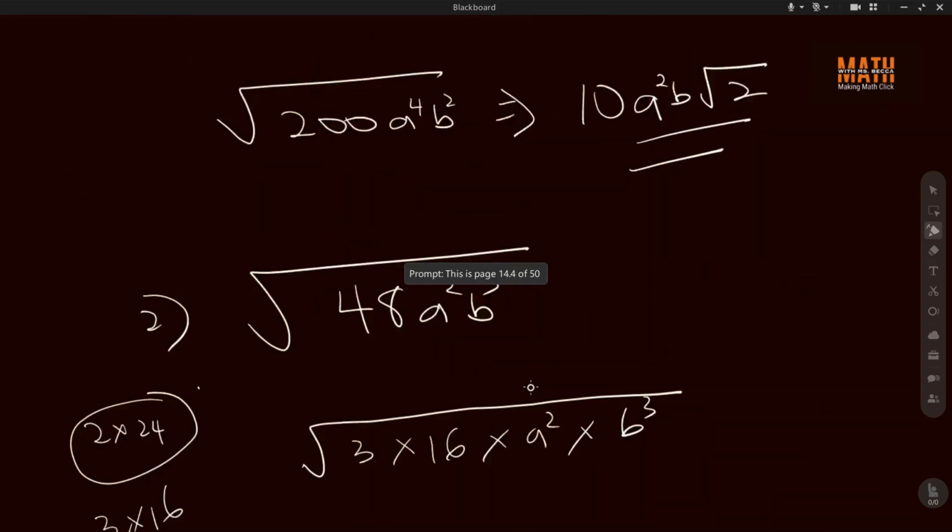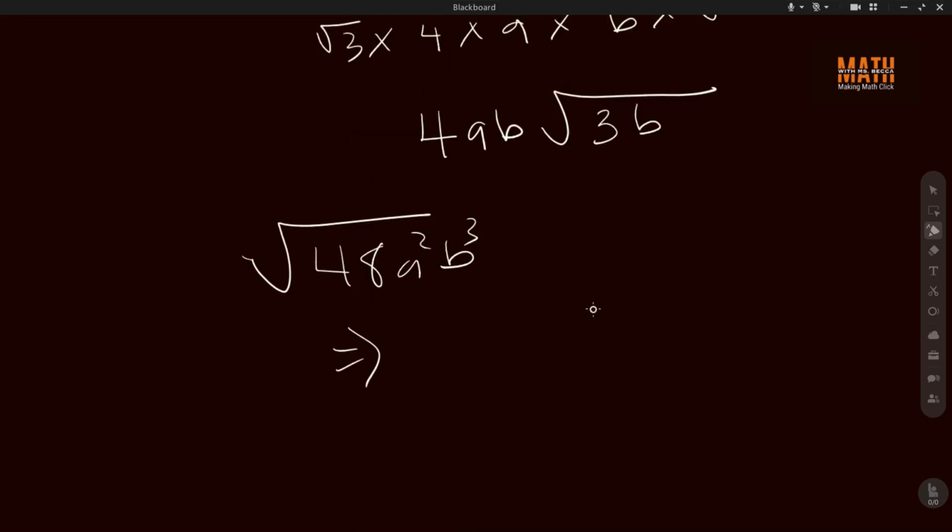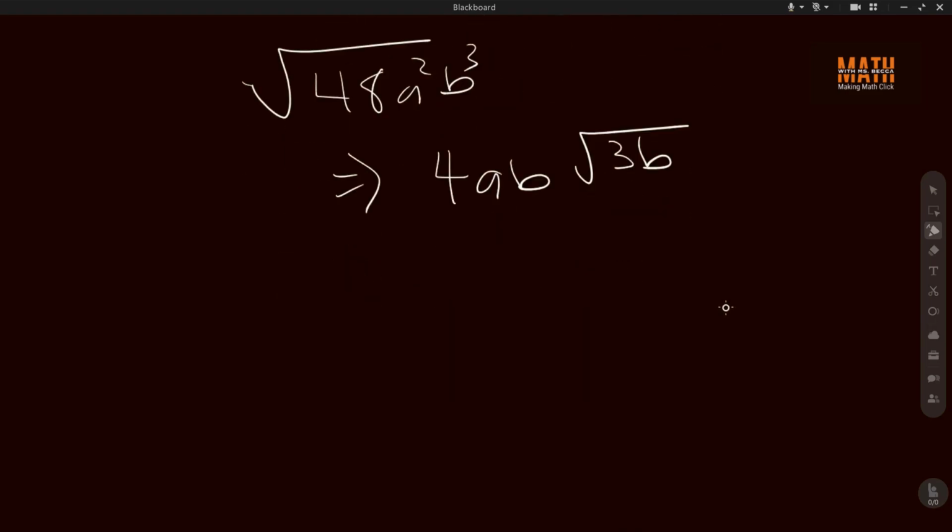So when we simplify root 48 a squared b cubed, the answer will be 4ab root 3b.